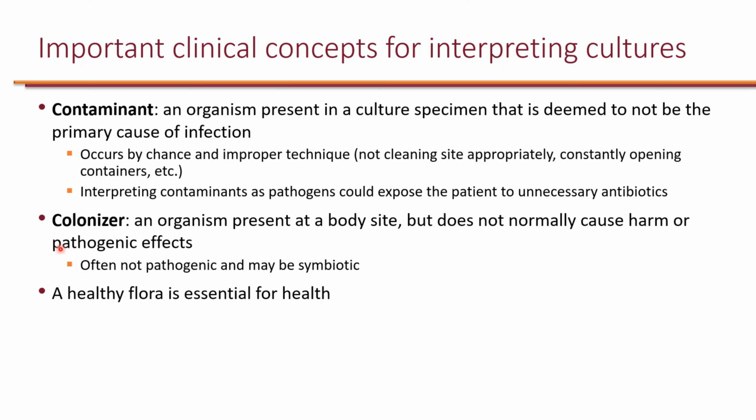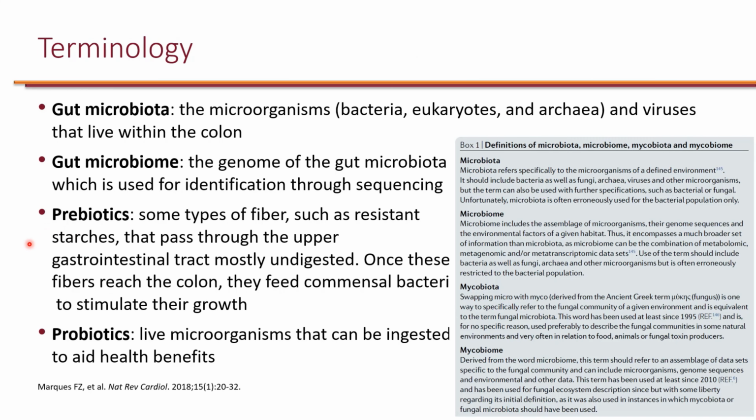A good example is, some people may have Pseudomonas in the lungs. If they don't have any signs and symptoms of infection, it would be just a colonizer that normally would not be there in a healthy person. But, for example, someone with cystic fibrosis may have colonization of Pseudomonas in that region.